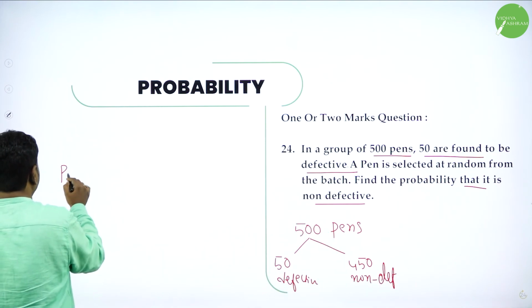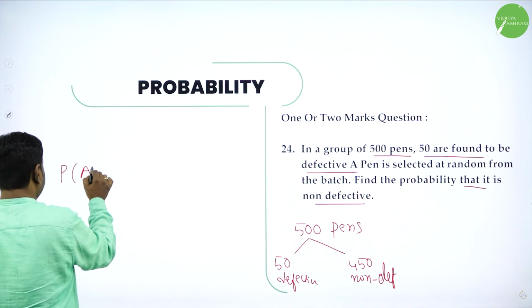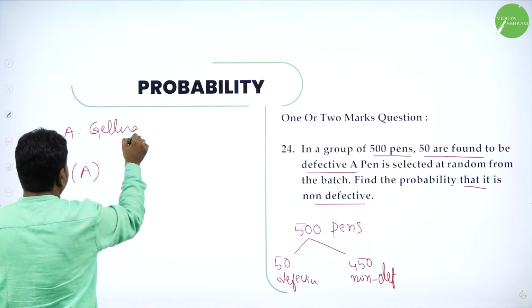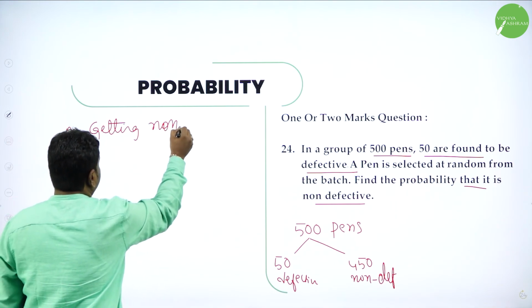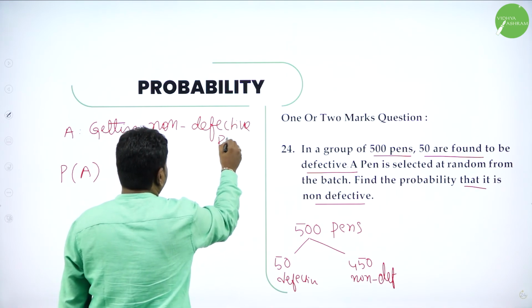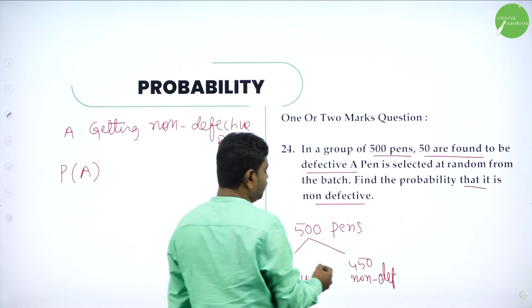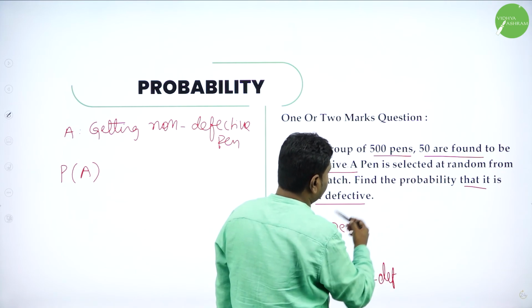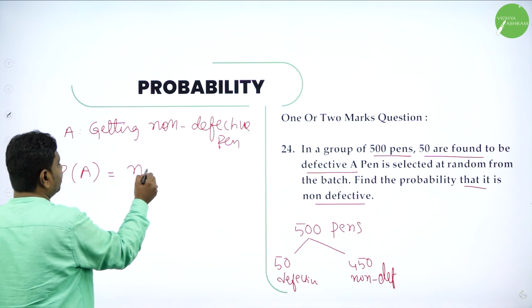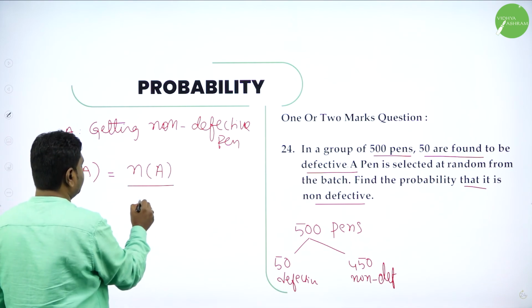So the probability of A, where A is getting a non-defective pen. Out of 500 pens, 450 are non-defective. The probability of A is n of A by n of S, all of you know.